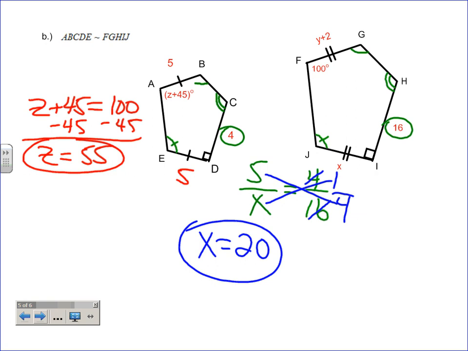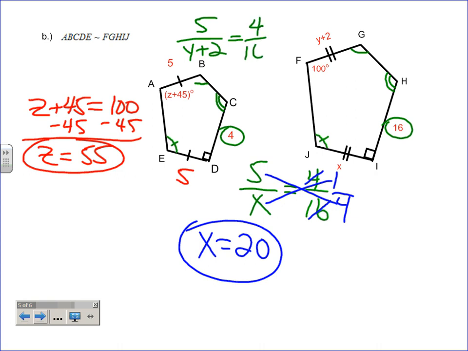So we also have a y in this particular problem. So once again, some people, as they're done, they think that y plus 2 has to equal the 5 over there. It'd be great if it was that easy, but that's not quite how that one works. But we do know that 5 and y plus 2 are corresponding, so they do have to follow that same ratio. Again, if I'm going to go this way, would it be 4 over 16 or 16 over 4? 4 over 16 again.